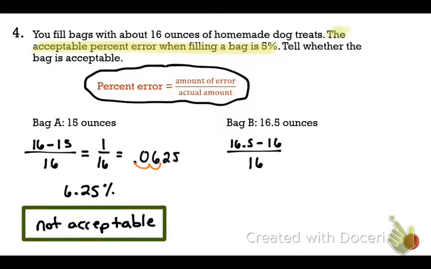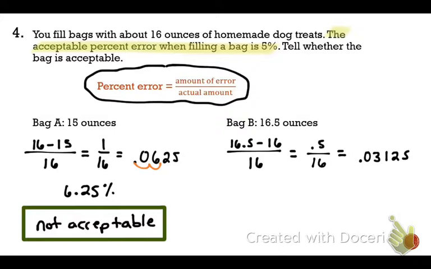Guys, what's 16 and a half minus 16? Not 5. 0.5. And what is 0.5 divided by 16? 0.03125.